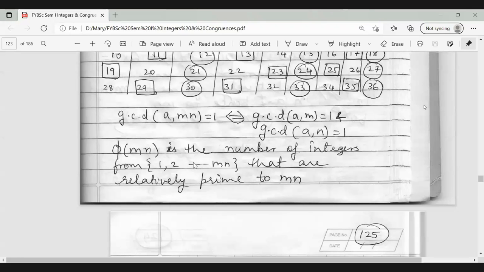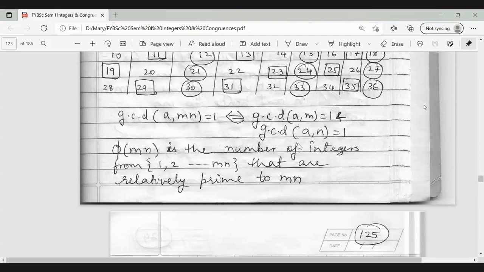Now 25's GCD with 36 is 1. Whenever the GCD of 25 with 36 is 1, then the GCD of 25 with 9 is also 1 and 25 with 4 is also 1.